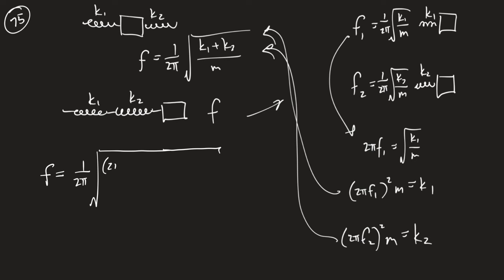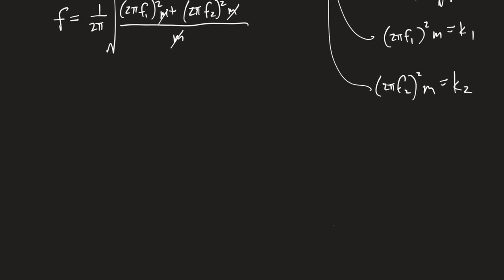K1, (2 pi F1) squared M, plus (2 pi F2) squared M, all over M. Well, I believe I can factor out an M on the top of this fraction, and therefore, kaboom, I believe I can factor out a 2 pi squared from each term.